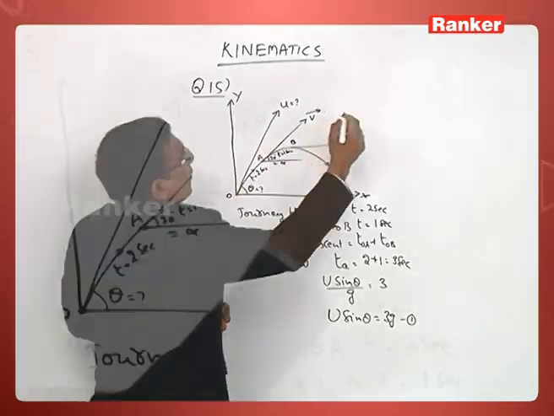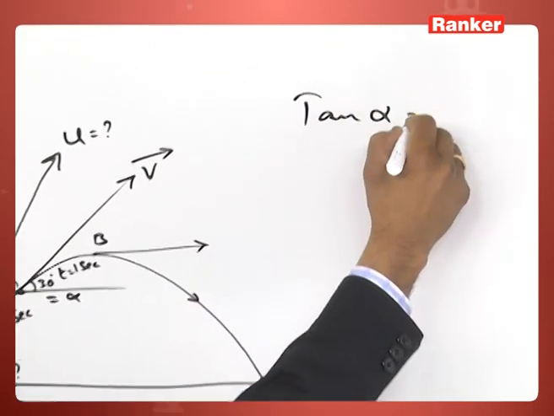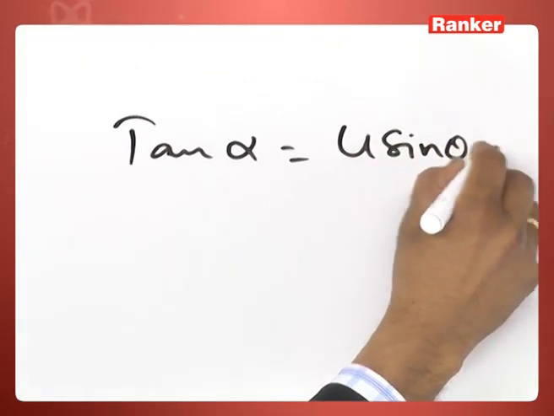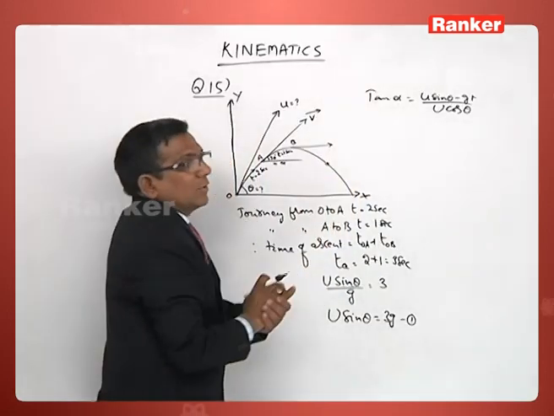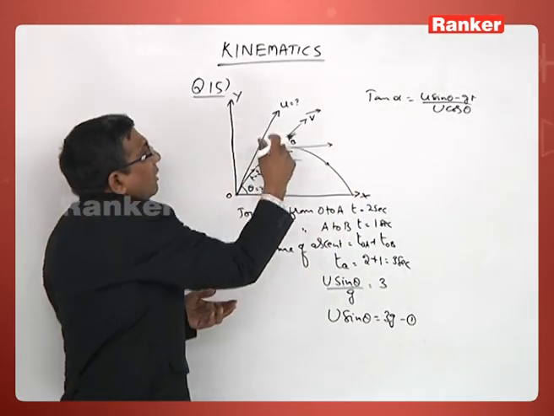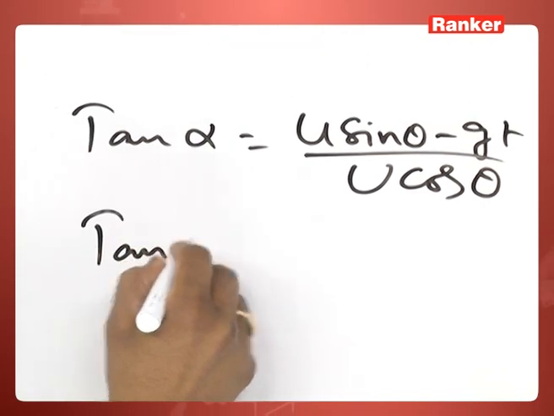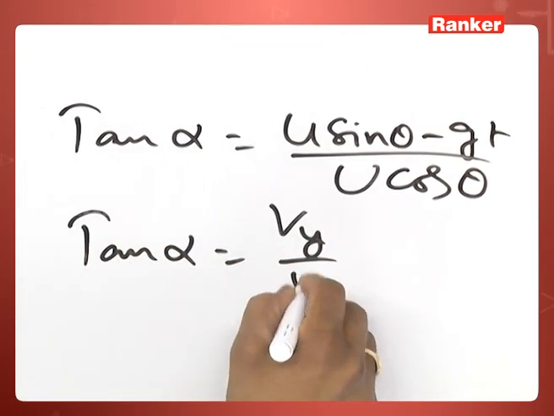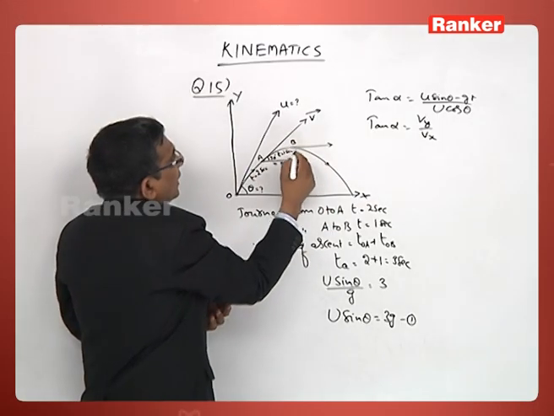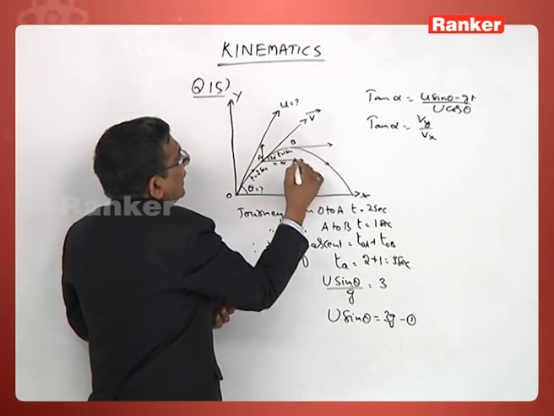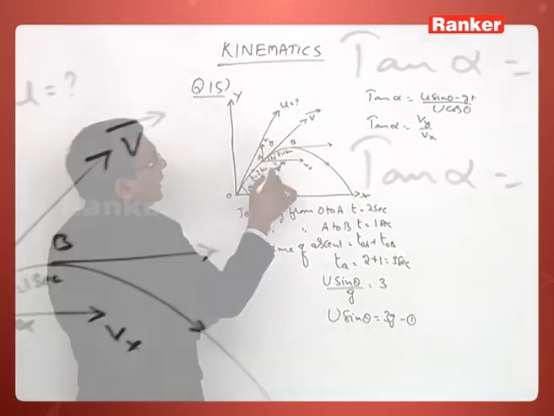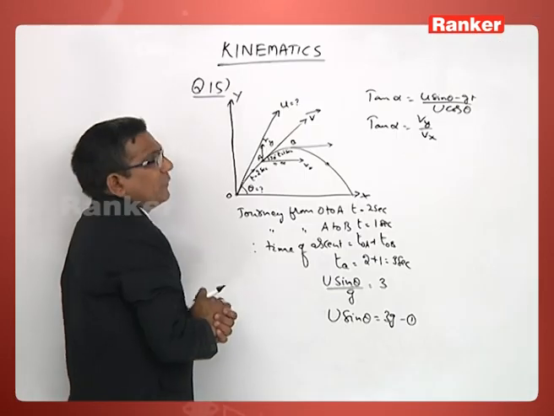If you remember, what is the formula for tan alpha? It is (u sin theta minus gt) by u cos theta. This formula you have to remember, because tan alpha is Vy by Vx. At any instant of time, if you resolve the velocity into two components, this component will be Vx, this component will be Vy, and tan alpha will be Vy by Vx.